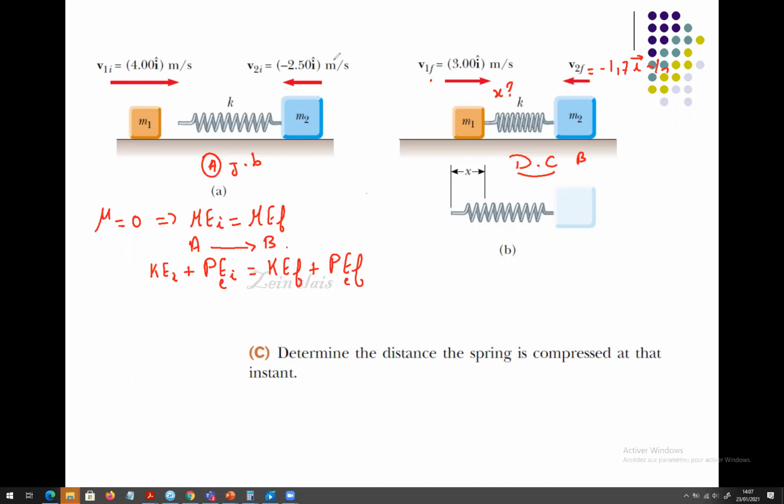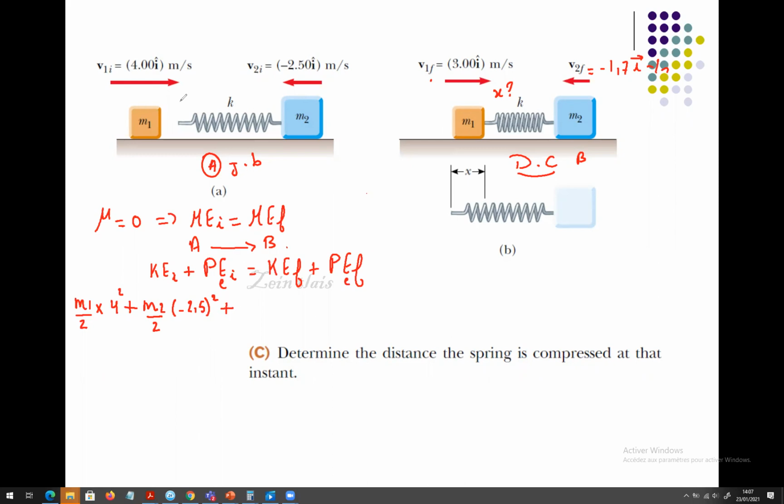Initially, before the collision, we have velocity, so we have kinetic energy: m1 over 2 times 4 squared for the first one, and for the second one m2 over 2 times minus 2.5 squared.